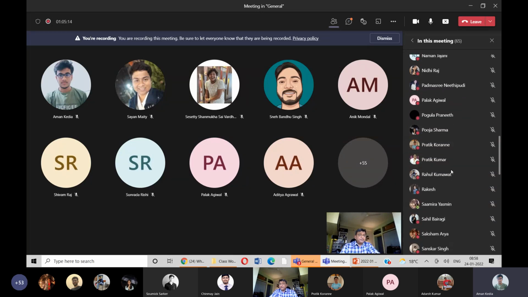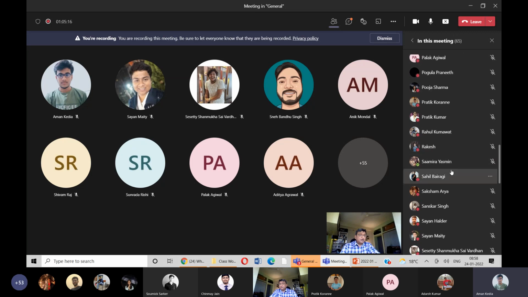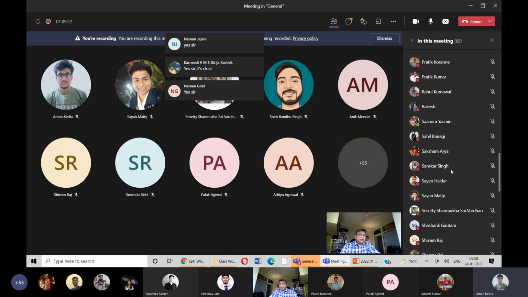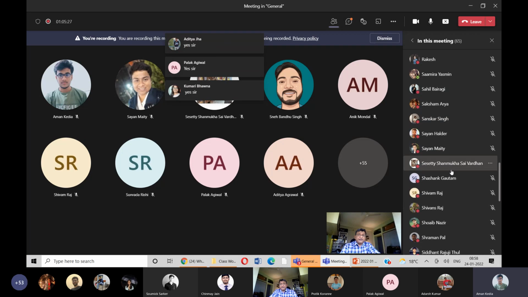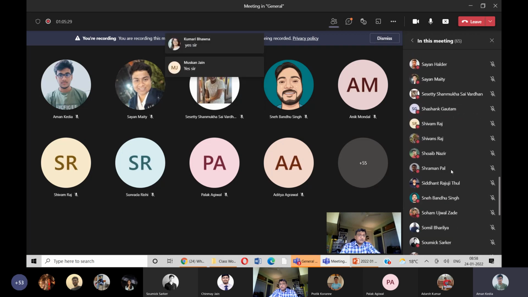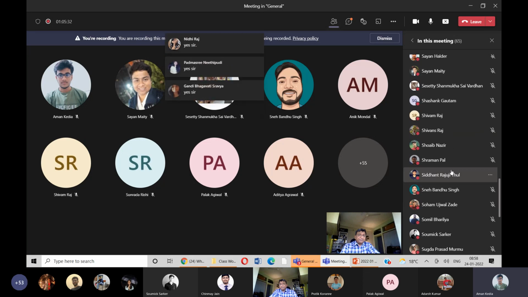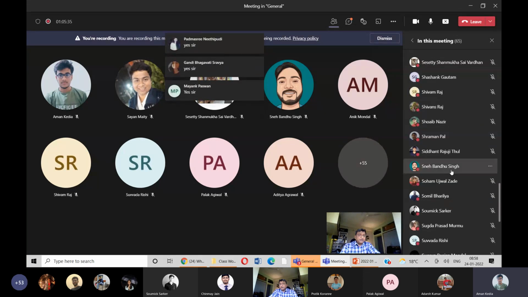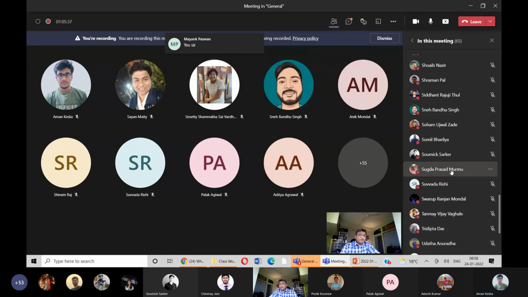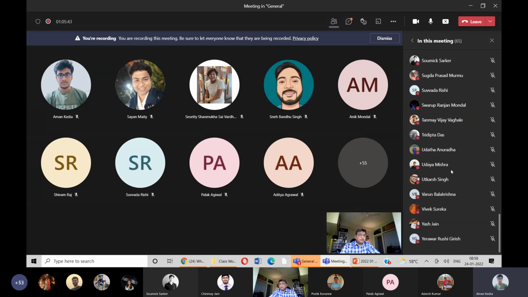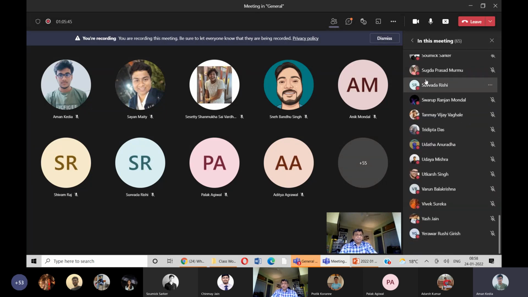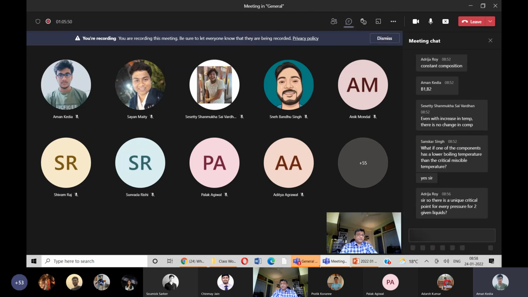Pranit, Pratik Kumar, Rahul Kumawat. Rahul, you were one of the earliest ones to join. Saksham Arya, Shankar, Shayan Haldar, you also probably joined a little late. Shoaib Nazir, Shoham, you suddenly became silent. Sugada, Swarup, Anuradha, Uday. Clear with everyone, whatever we studied from the morning?